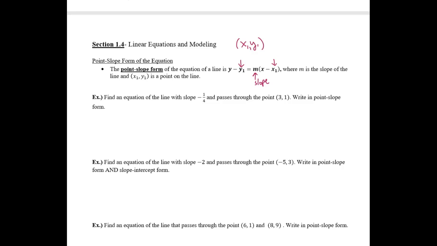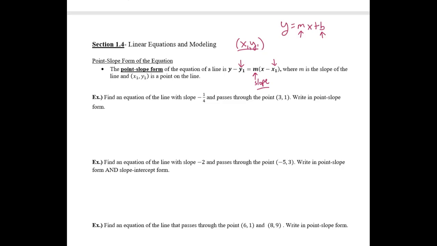So in the slope-intercept form, y equals mx plus b, we needed a slope and a y-intercept, hence the name, slope-intercept form. In the point-slope form, we need a point and a slope in order to write the equation. Again, hence the name, point-slope form.